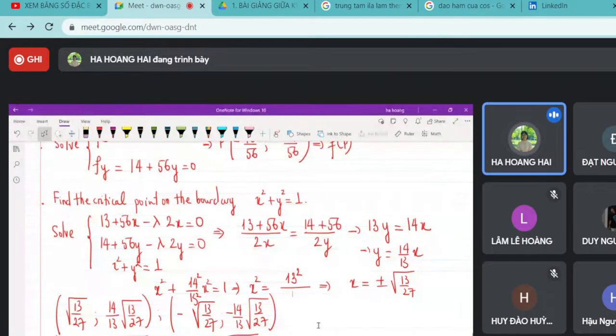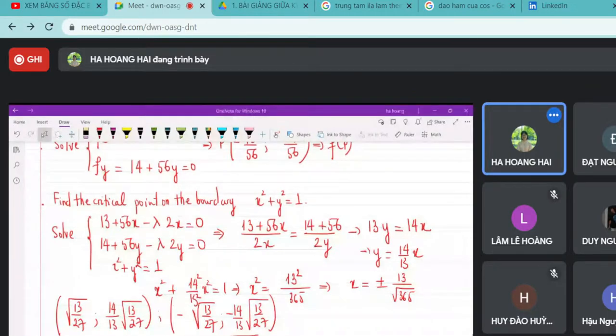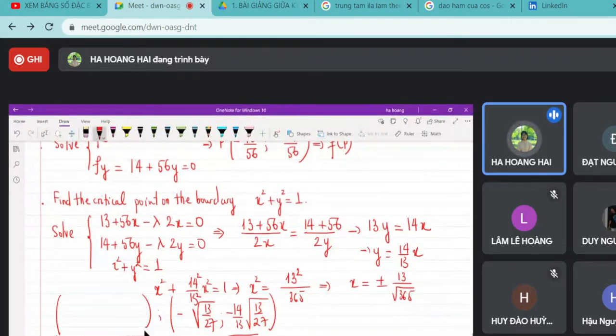So it means that we have here x equal to plus minus 13 by square root of. Is that right? Now let's correct the critical point here.